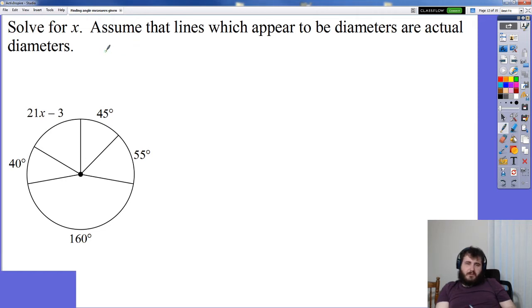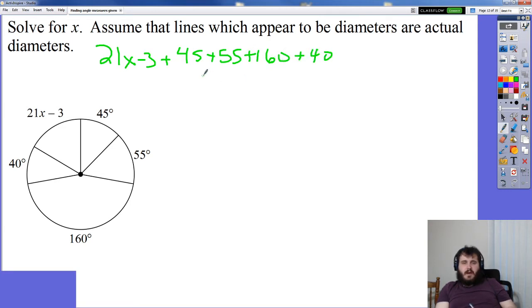So let's add them up and set it equal to 360. 21x minus 3 plus 45 plus 55 plus 160 plus 40. So look at how much we have here. We're going to combine our like terms so that we can make our life easy, right?